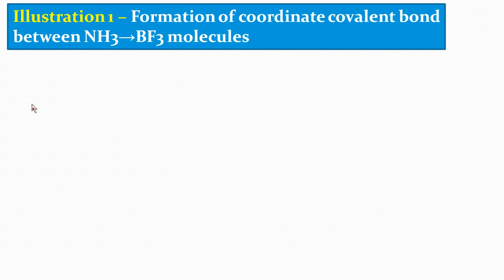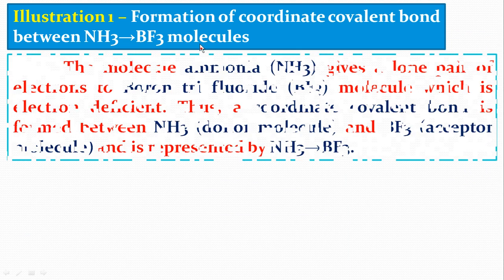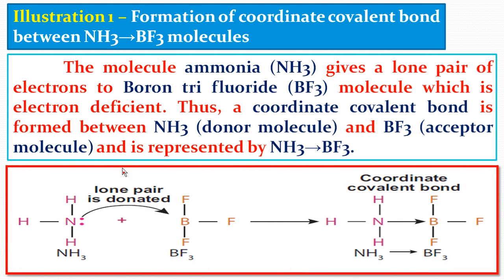Now come to the illustration of the formation of a coordinate covalent bond between ammonia and boron trifluoride molecules. The molecule ammonia, NH3, gives a lone pair of electrons to boron trifluoride, BF3, which is electron deficient. Ammonia contains a lone pair of electrons and it donates this pair to boron trifluoride.